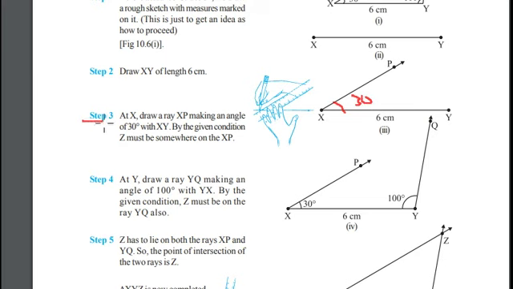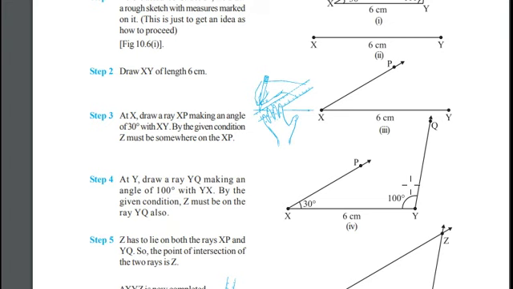In the second step, at point X with angle 30 degree, we will draw a ray XP. Similarly, at step 4, we will draw a ray YQ such that the angle is 100 degree. Keep protractor, mark 100 degree and draw a ray.